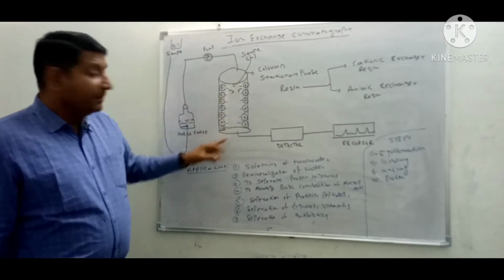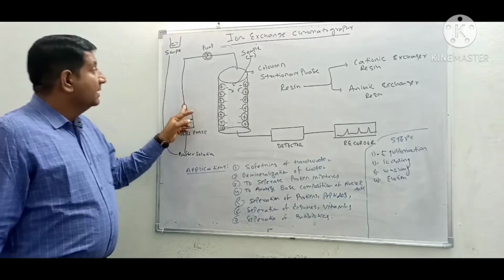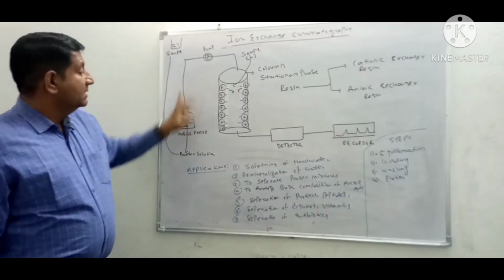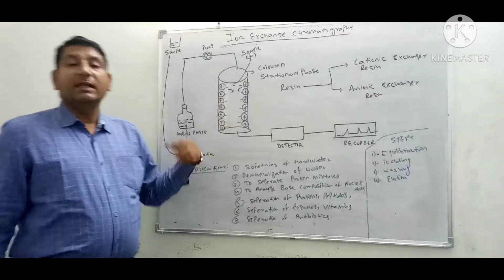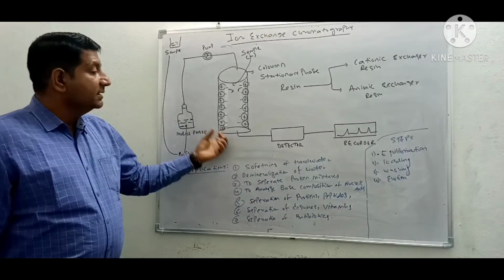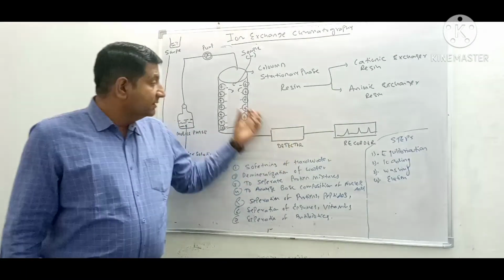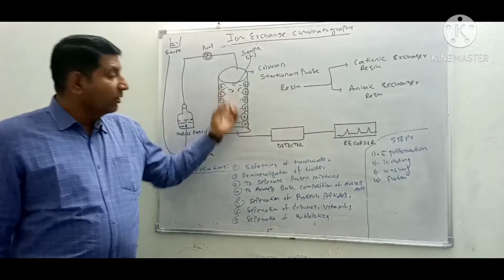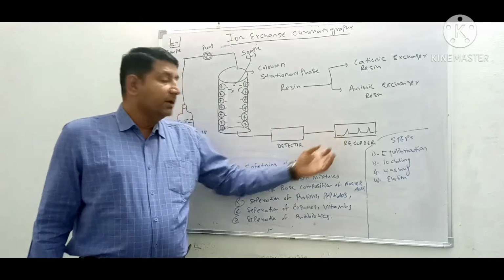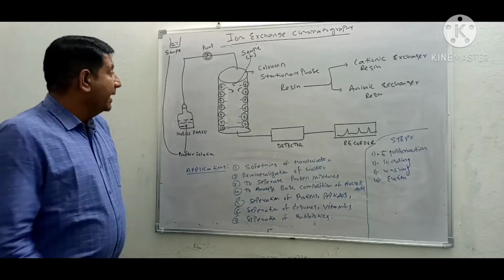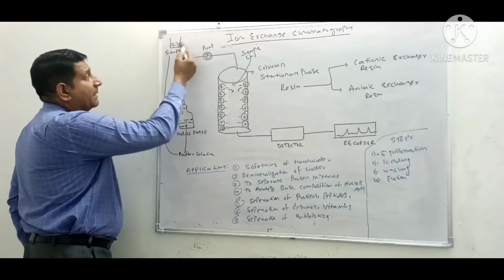So in the instrumentation, there is a mobile phase, and a pump which sends this mobile phase into the column, which is packed with either of the two types of exchange resins. There is a detector which detects the elution coming out of the column. The signal is recorded in the recorder, and the sample is kept in the sample solution.